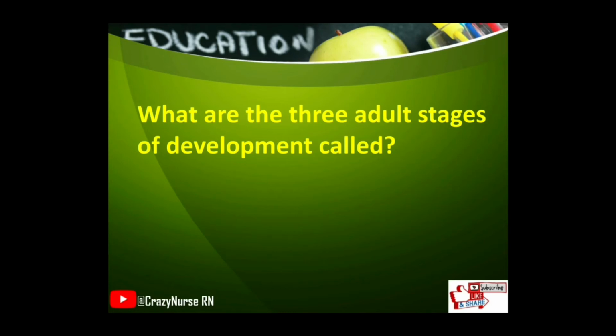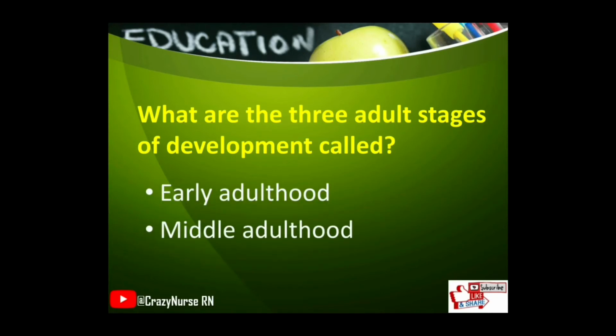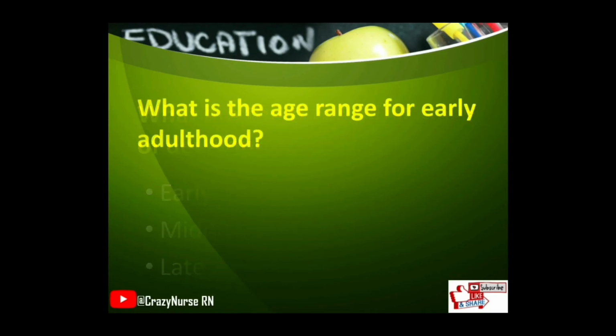What are the 3 adult stages of development called? Early, middle, and late adulthood. What is the age range for early adulthood? 19 years old to 35 years old.